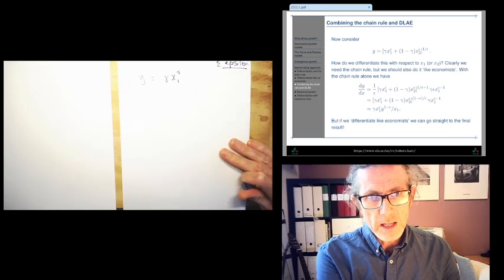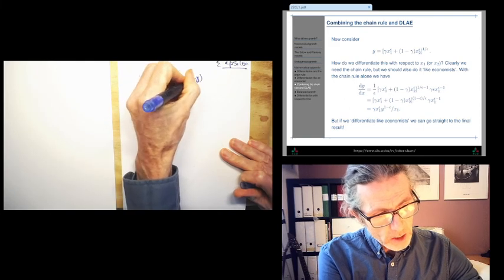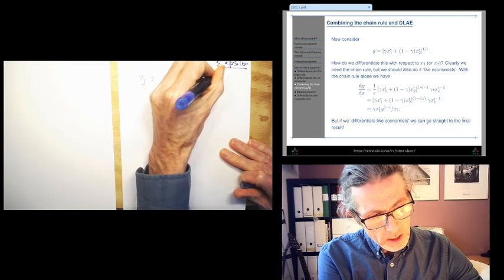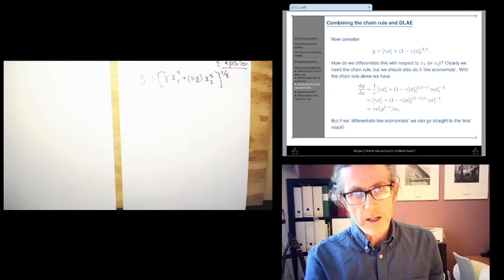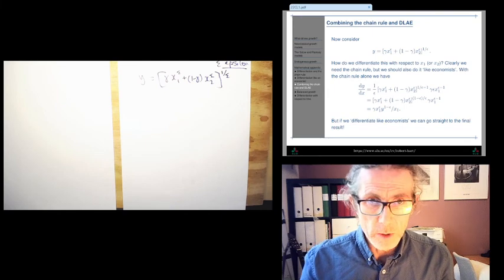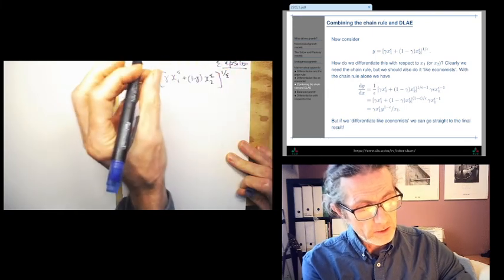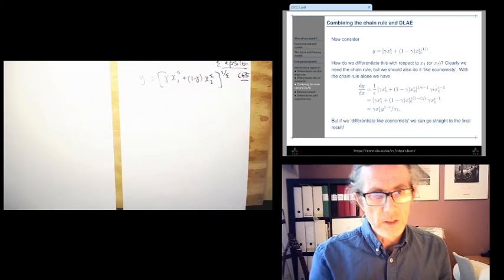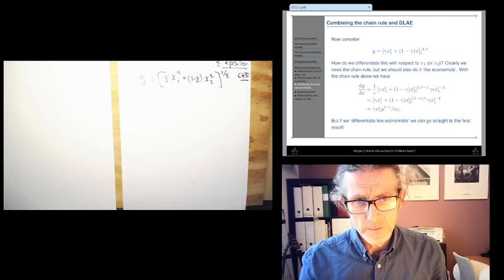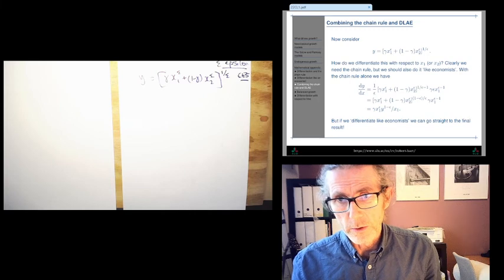Y equals gamma x1 to the epsilon plus 1 minus gamma x2 to the epsilon, all to the 1 over epsilon. As many of you know, or some of you I'm sure, this is what we call a CES function here. Constant elasticity of substitution.